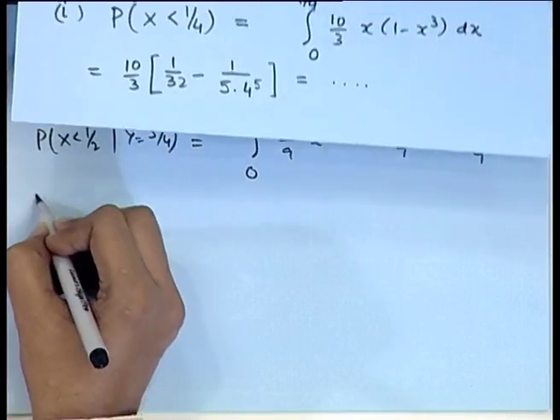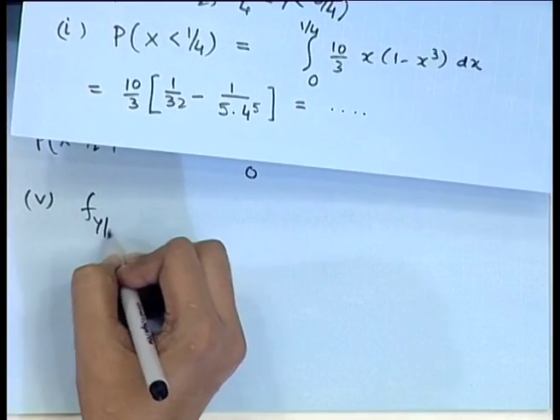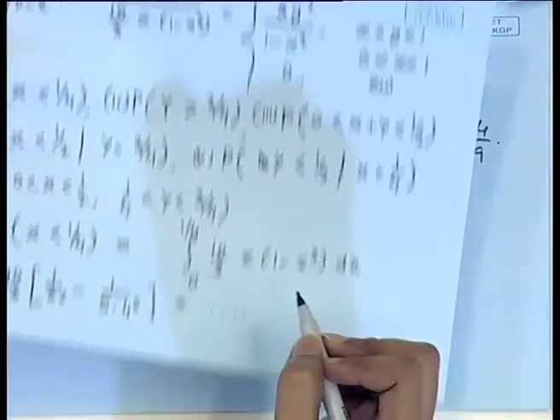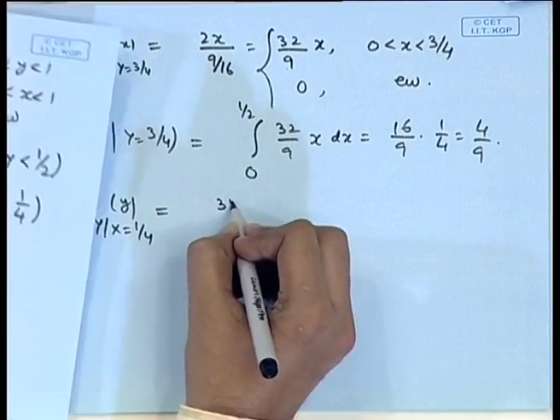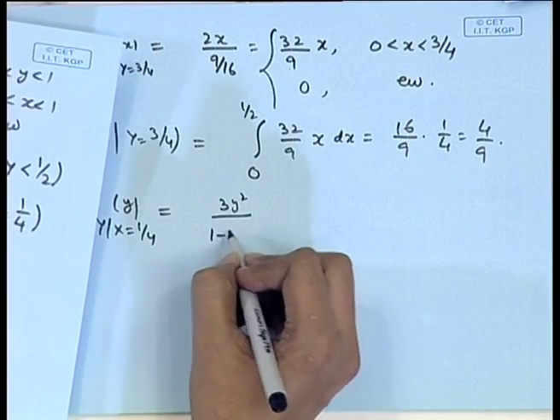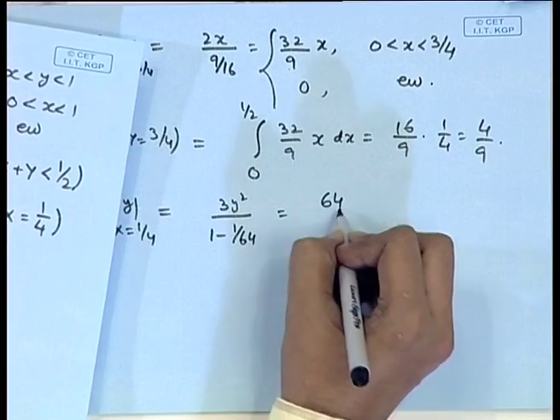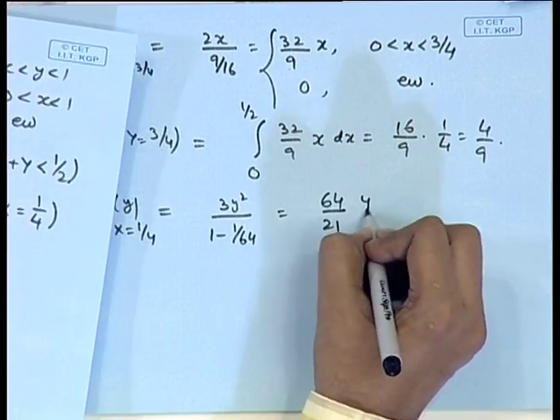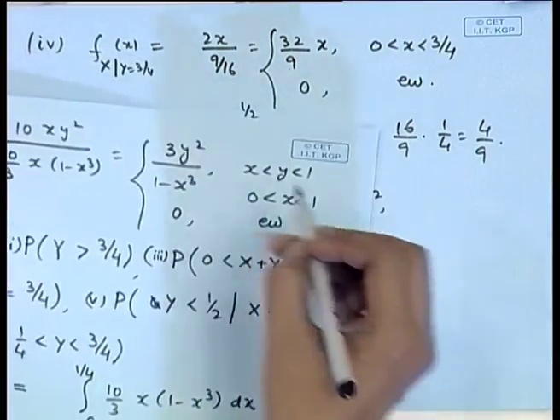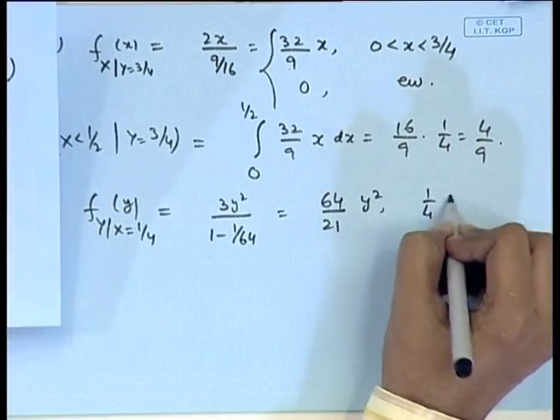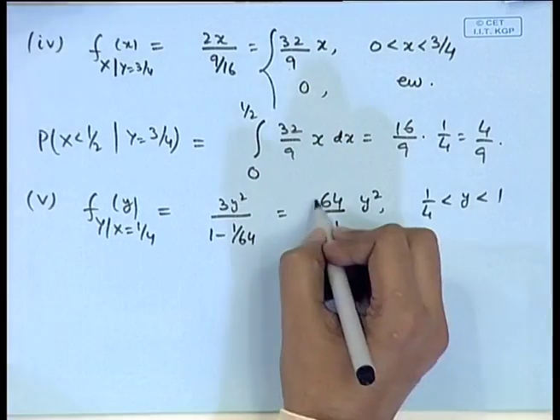So, the conditional distribution of y given x equal to 1 by 4 is obtained as 3 y square divided by 1 minus 1 by 64. So, that is 64 by 21 y square, where the range of y is from x to 1. So, it will be from 1 by 4 to 1 and 0 elsewhere.